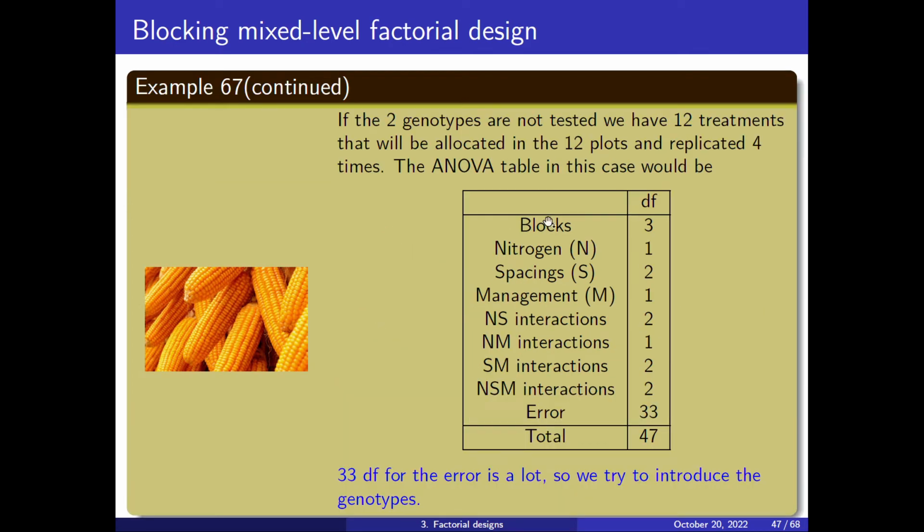If we don't estimate for the genotypes, we have 4 blocks, so we need 3 degrees of freedom for the blocks. We have 2 levels of nitrogen, so we need 1 degree of freedom for the nitrogen, and you count the number of degrees of freedom.